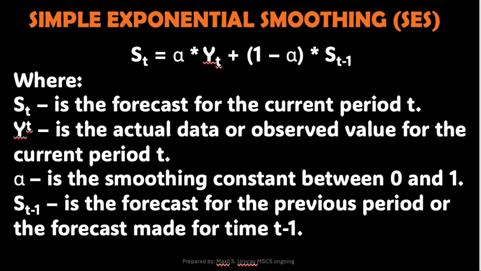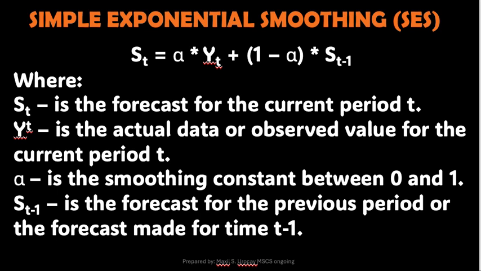S t minus 1 is the previous forecasted data. y of t is the actual data or observed value for the current period.